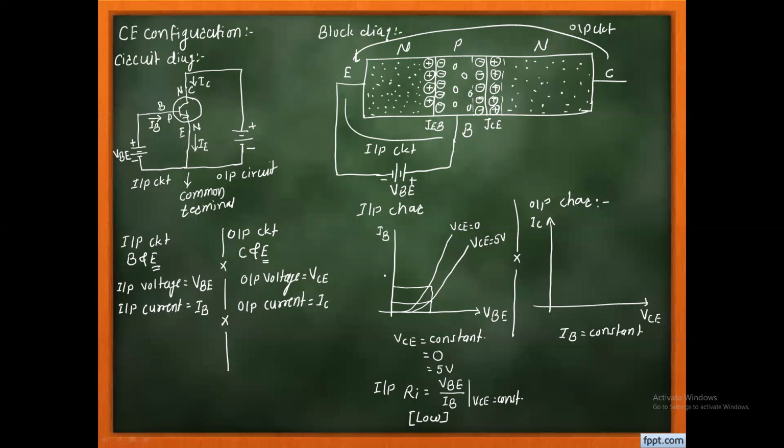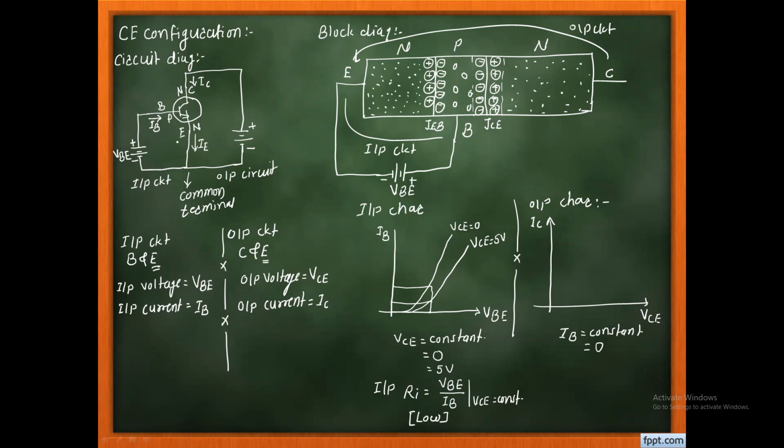Now see the output characteristics. The output characteristics are drawn between the output circuit voltage and the output circuit current. Now I consider that IB is equal to 0. If IB is equal to 0, it means no current will flow through the input circuit.